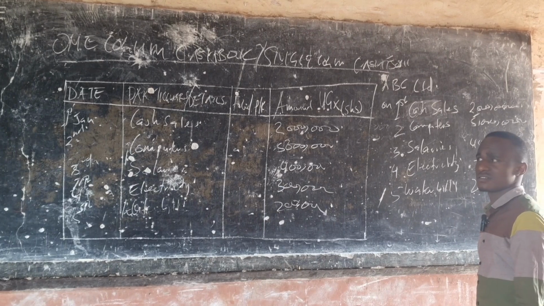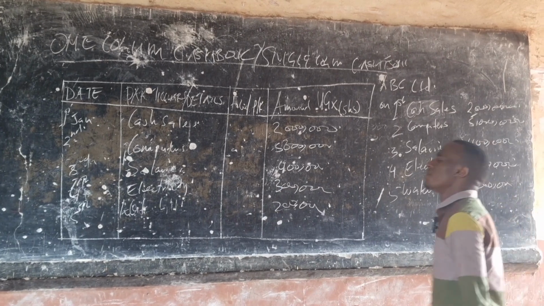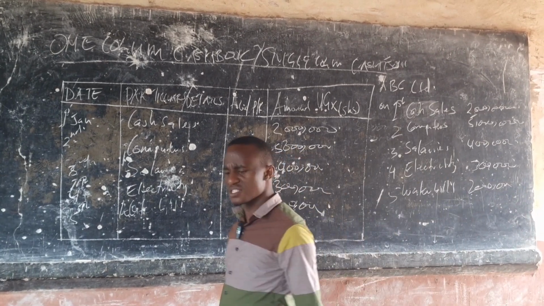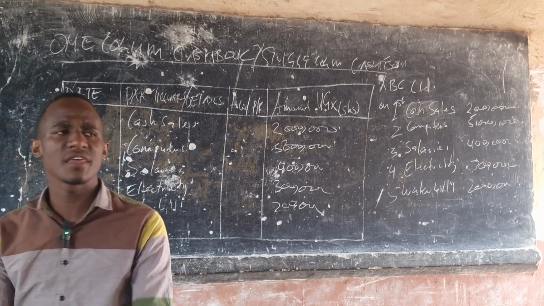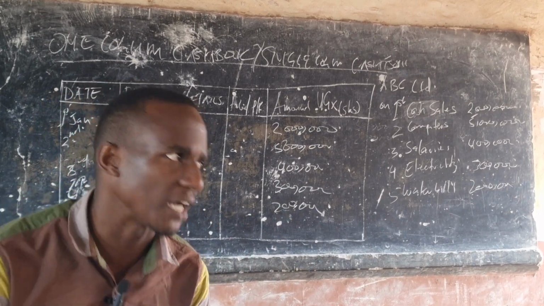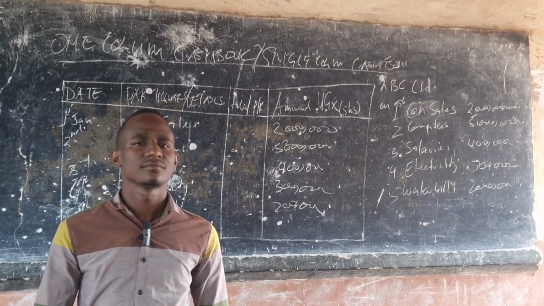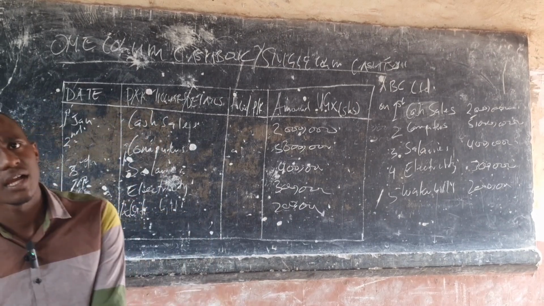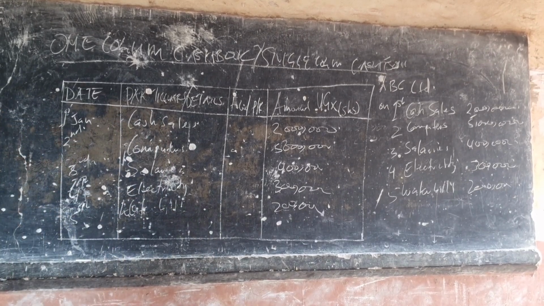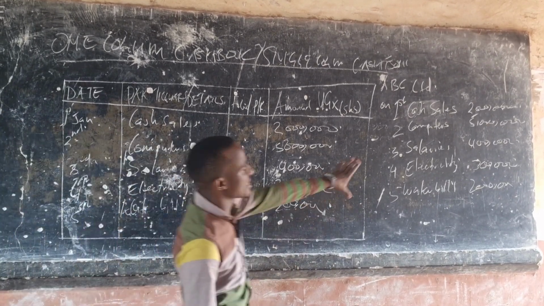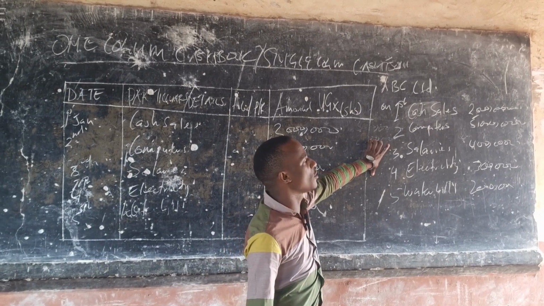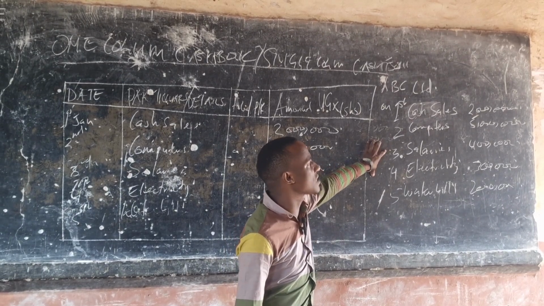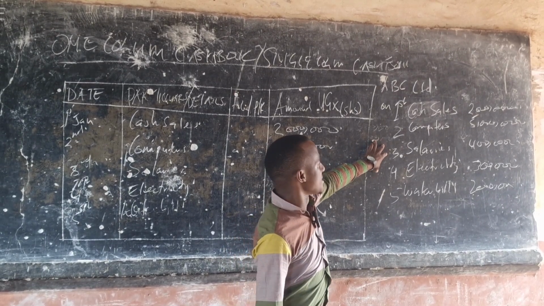Suppose you are given this transaction, but some of them are made through checks. How do we do more about that? Now I've given an instance that ABC Limited on first made cash sales that amounted to 2 million.